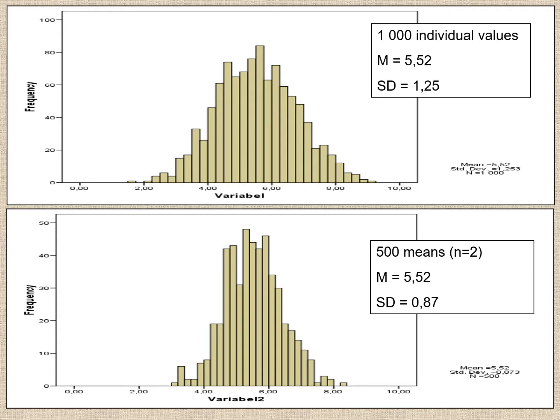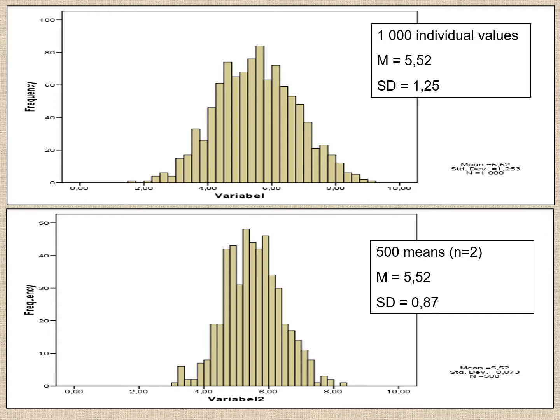So people with extremely low values will tend to couple up with others who have a higher value than themselves, and therefore the pair mean will be a higher value, and the tail on the left-hand side of the distribution shrinks in towards the middle. So both tails shrink towards the middle, and we get a peakier distribution with a smaller standard deviation compared with the 1,000 individual values.